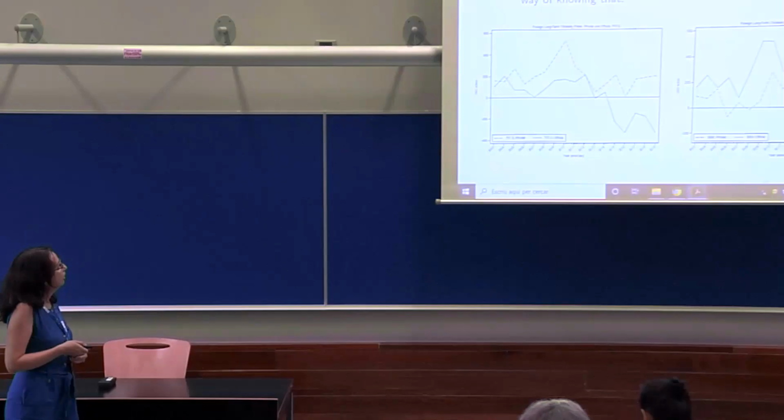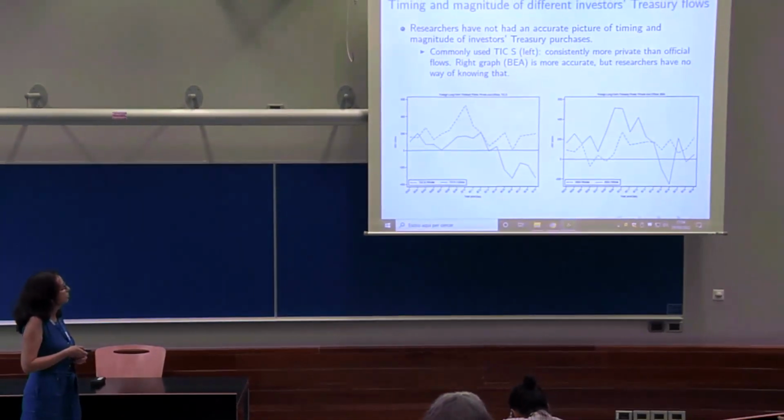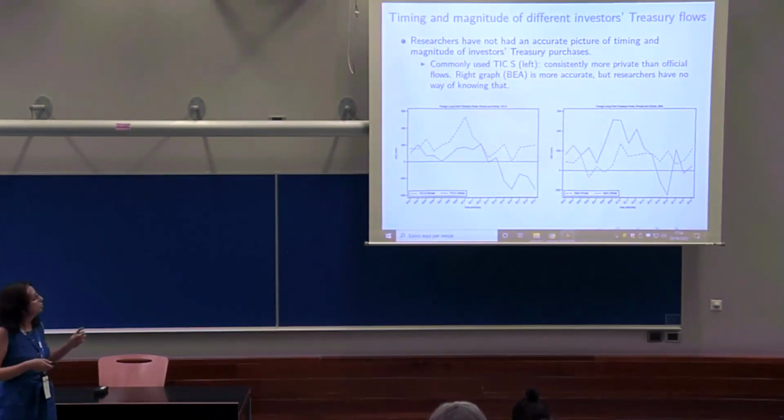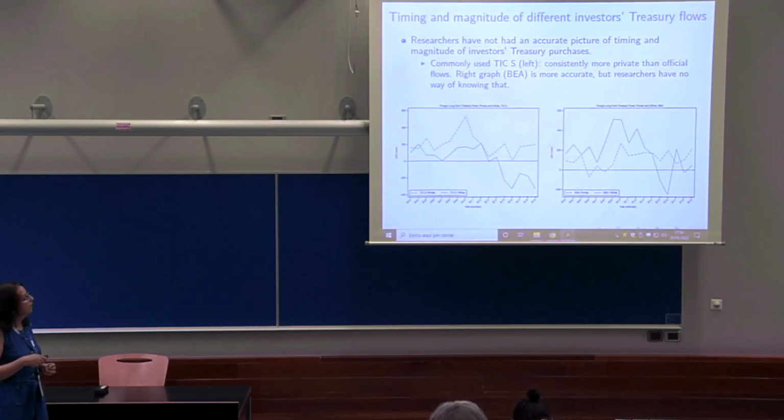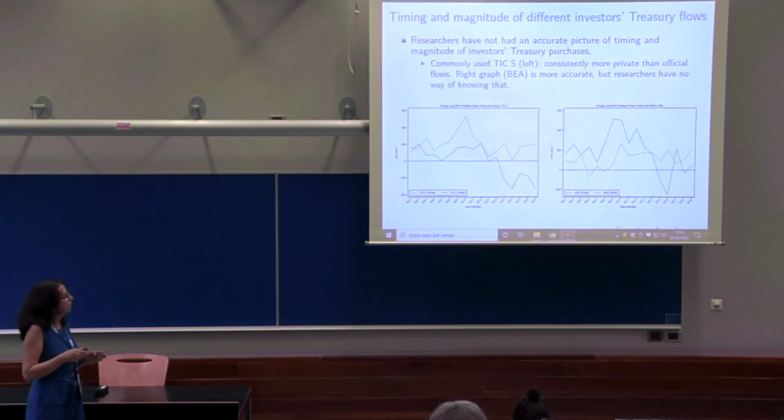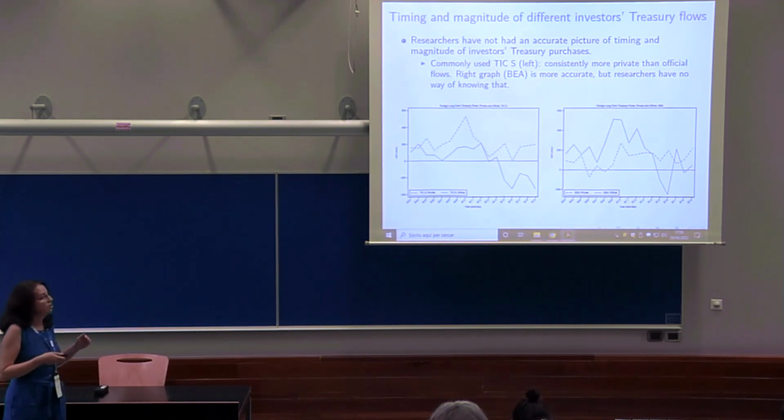Now, on the second assumption, that we actually know something about the timing and magnitude of the flows in and out of the treasuries, what I'm plotting on the left chart is commonly used data. This is the TIC-S data. The dashed line is foreign private investors. The solid line is foreign officials. What this data shows on the left chart is that for the entire sample period here, 2003-2019, foreign private investors have consistently purchased more treasuries than foreign officials.